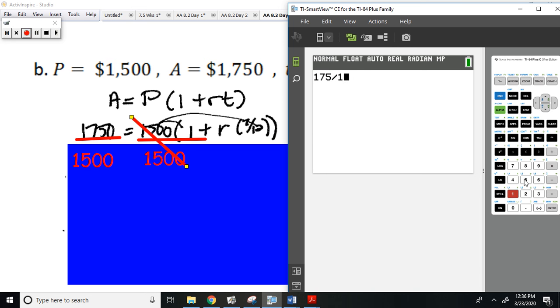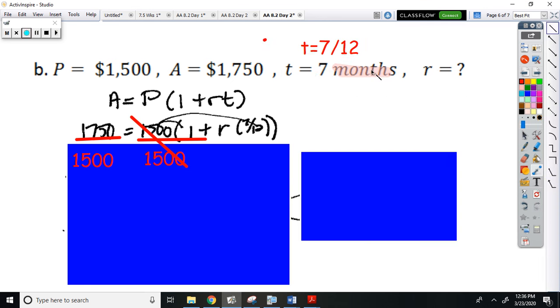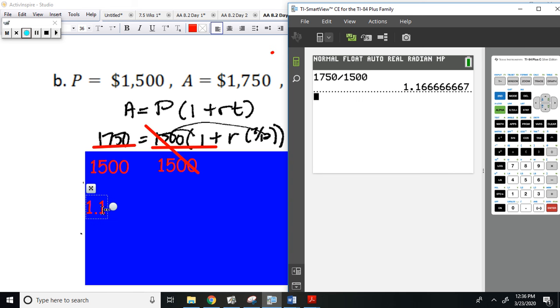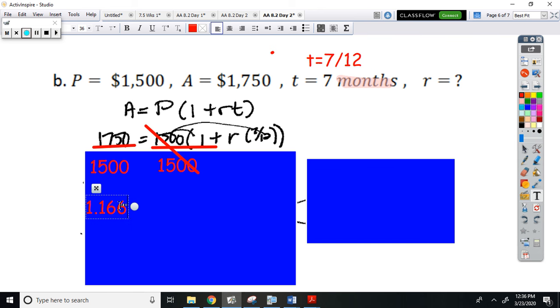1750 divided by 1500. Now do not round this, okay? So I'm going to just type down a couple of the numbers, but I'm going to leave it all in my calculator. Okay, so that's what I have on the left.